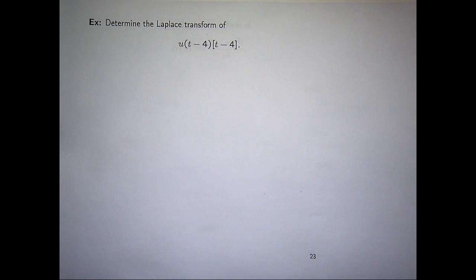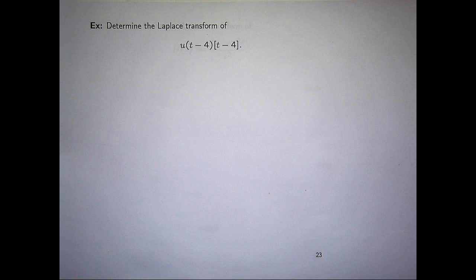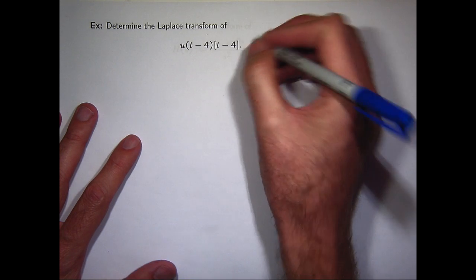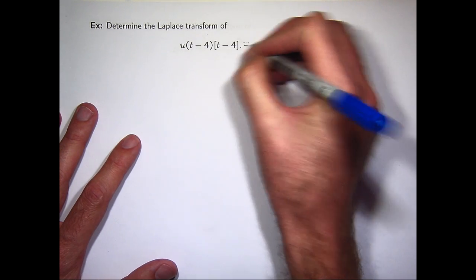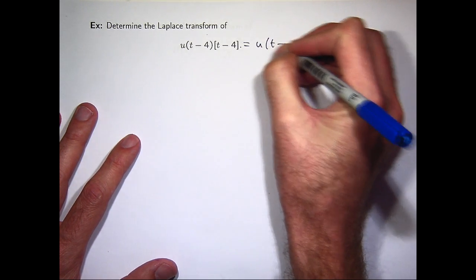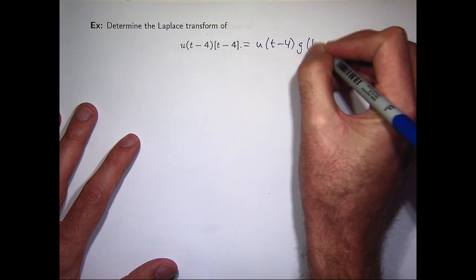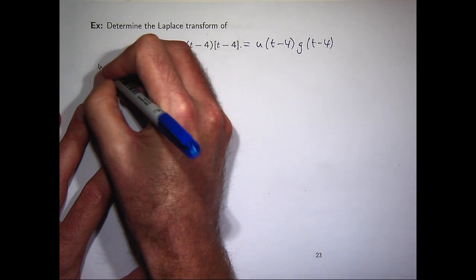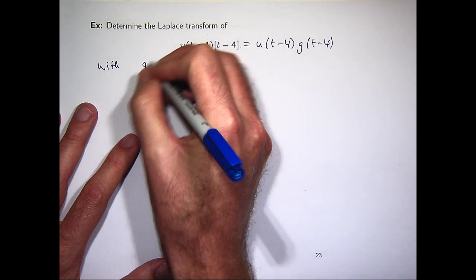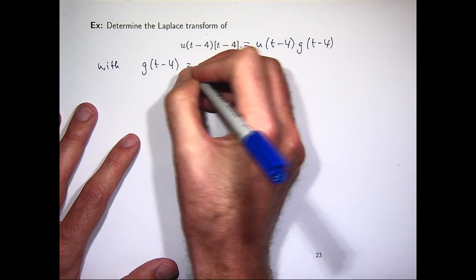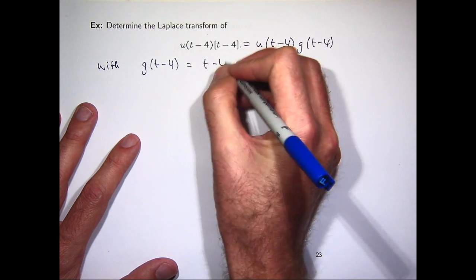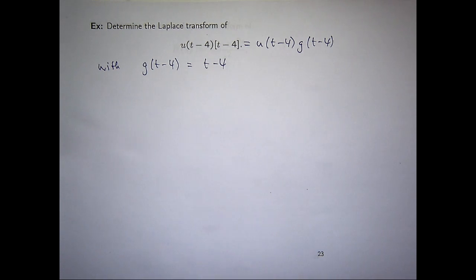All right, so here's a standard question. Determine the Laplace transform of this function. So we want to apply our shifting theorem. In this case, g of t minus 4 equals t minus 4.